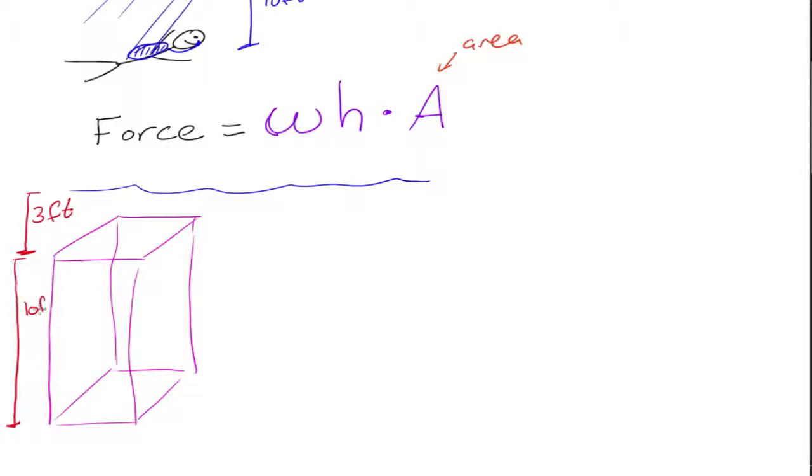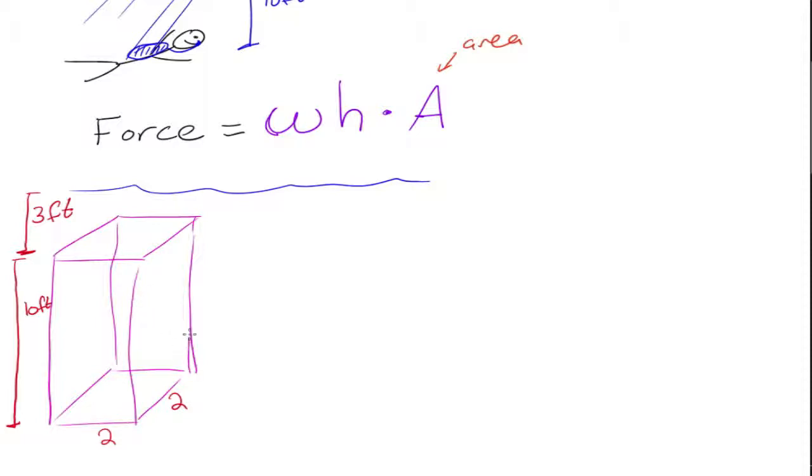Okay, so let's say we've got this block here, and the block is 10 feet tall. The depth of the block is 3, so the top of the block is 3 feet below the water. And then let's say, Joe, thank you.